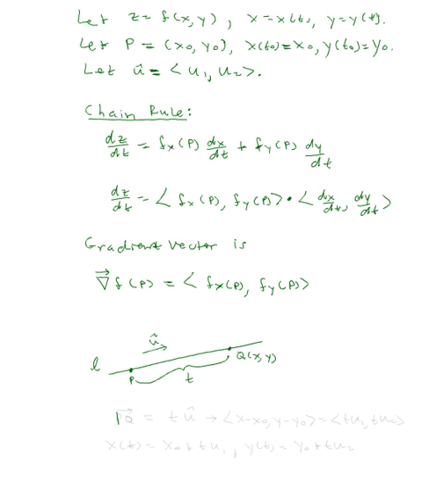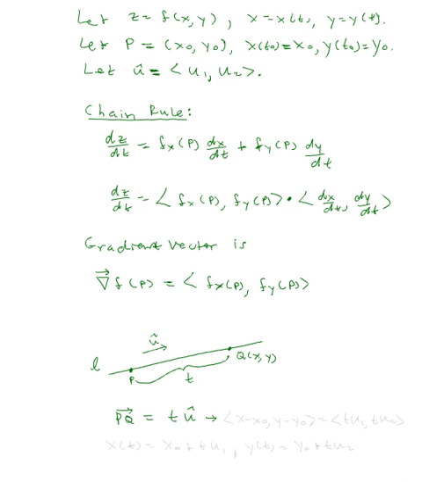Well, then the displacement vector from P to Q, if t is positive, has magnitude t and direction given by u hat. So the displacement vector from P to Q is t times u hat.